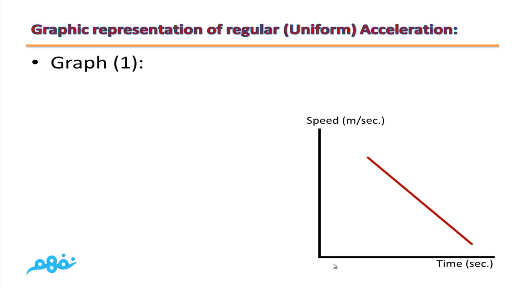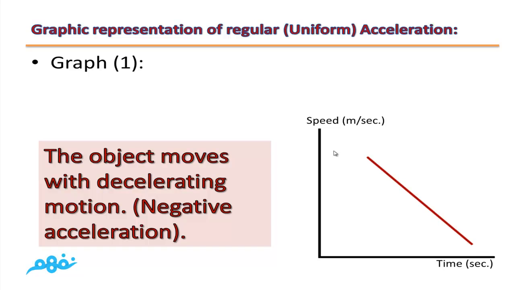As we can see, by increasing the time, the speed decreases. This means that its initial speed is more than its final. So this object moves with decelerating motion or negative acceleration because its speed decreases gradually. This occurs in a car, for example, when the driver presses the brake.